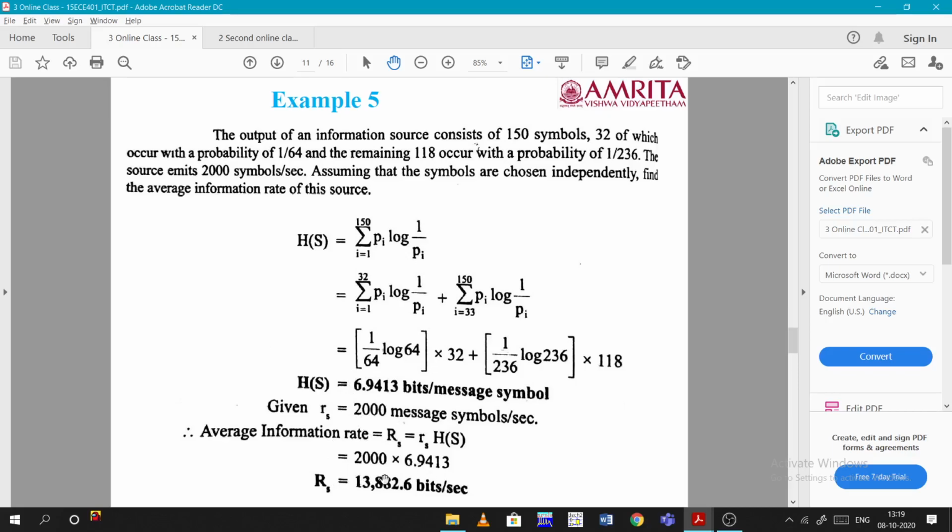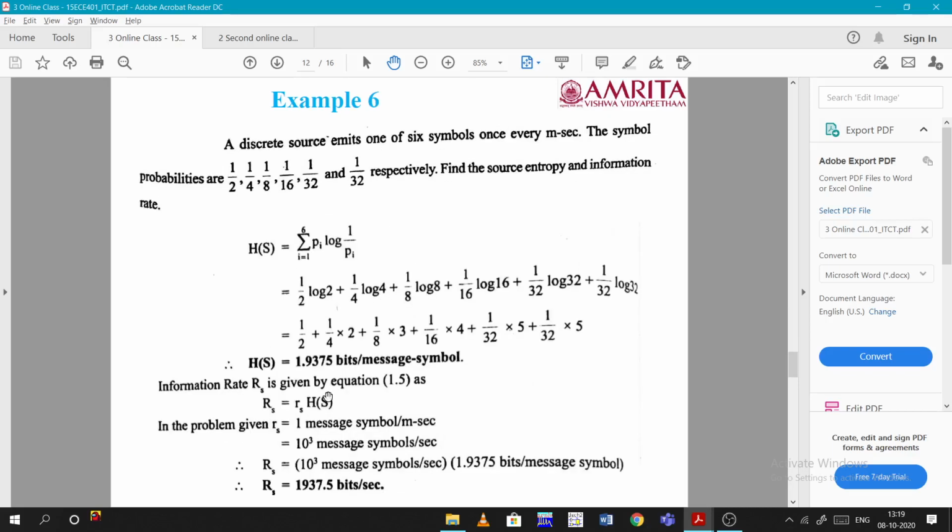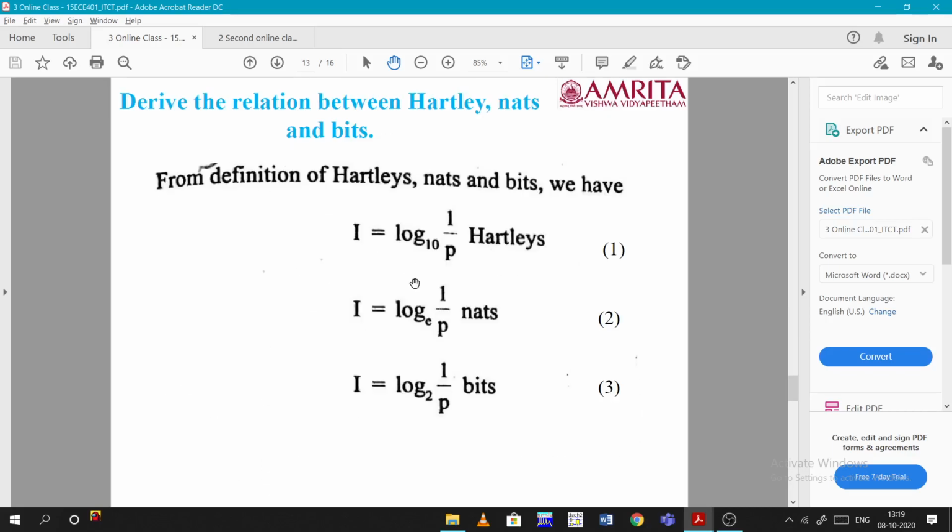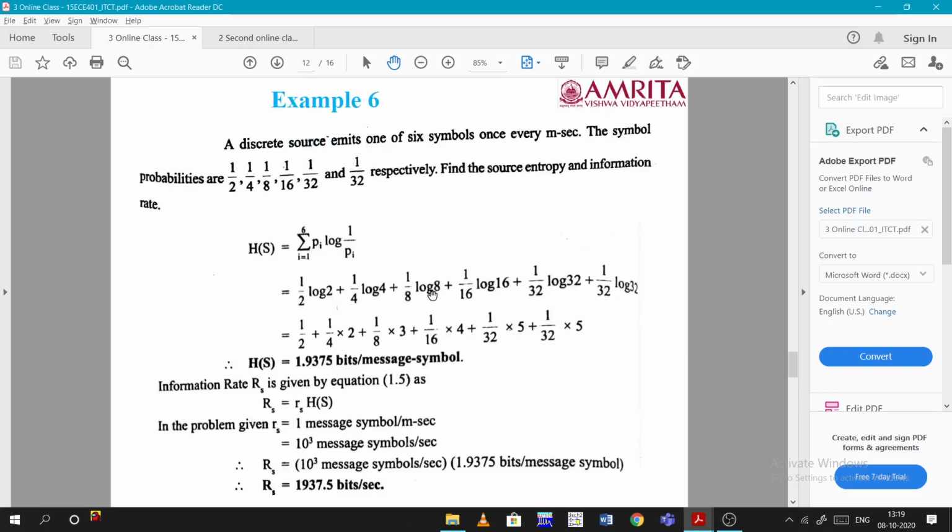Next, this is the conversion, how to convert Hartleys to nats and bits. Here the information is equal to log of 1 by p to base 10, that is Hartleys. Remember, I told you before, if it is just log of 8, that means it is base 2, not base 10.